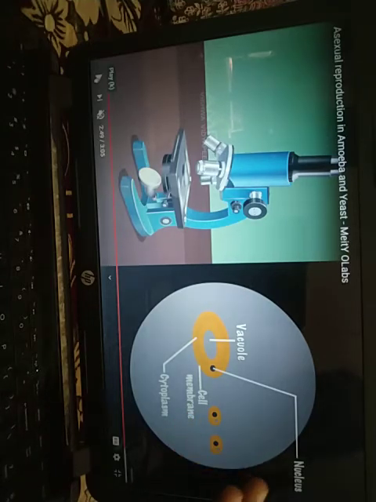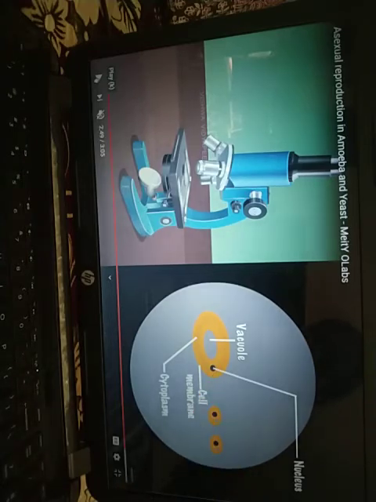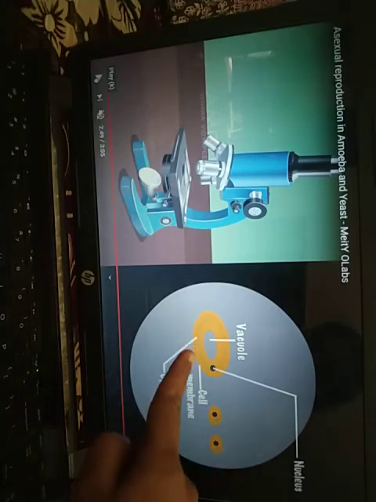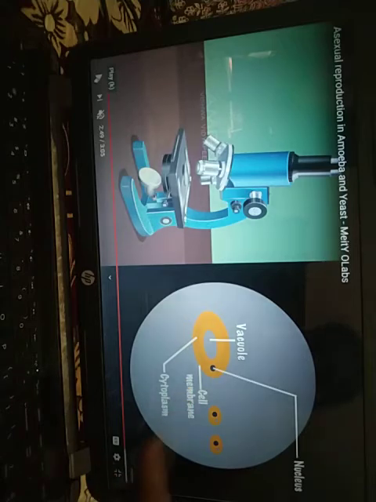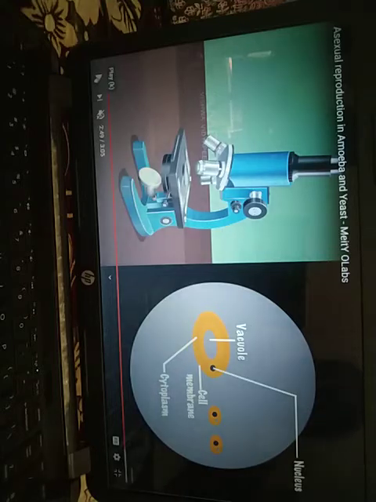And in this you can see the vacuole is present, the cytoplasm is over here, the cell membrane is present and the nucleus is present. So this has produced 2 or 3 or a number of young individuals in the case of yeast.